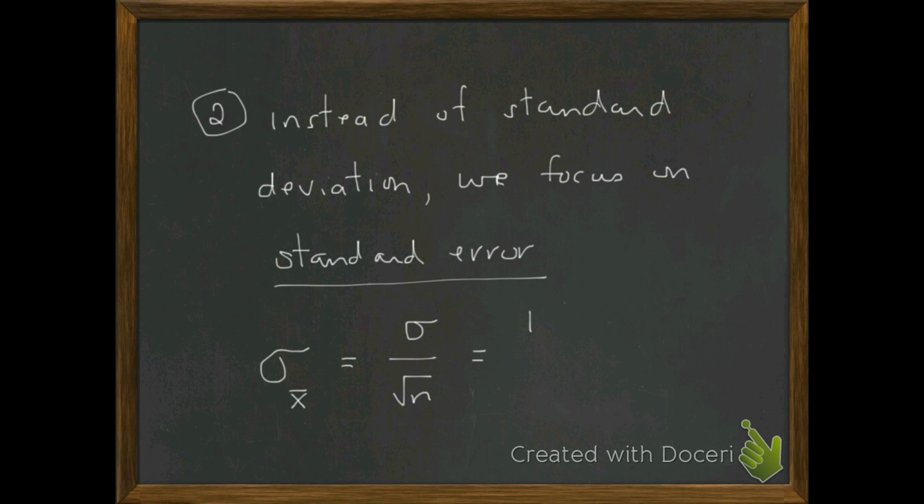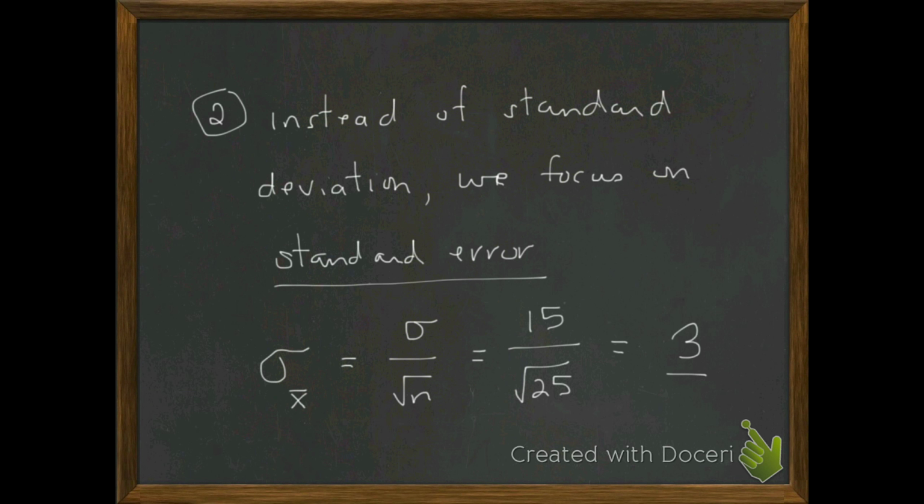In both distributions, our standard deviation, taking each measurement at a time, is 15, and I kept things pretty simple here, in that the standard error would be equal to 3. So we focus on the variation of the sample means, not the variation of the individual scores.